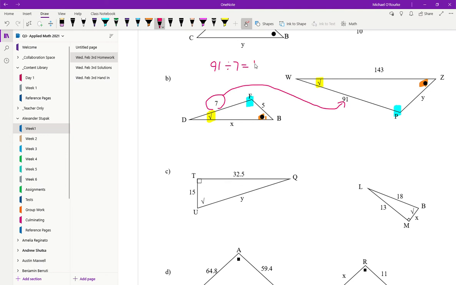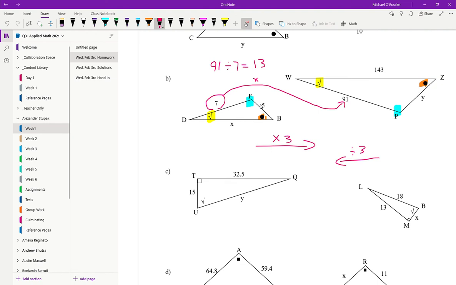That equals 13. So our number is getting bigger, and we're going to multiply going this way, to the bigger triangle. And coming back, we're going to divide by 3 for coming this way.